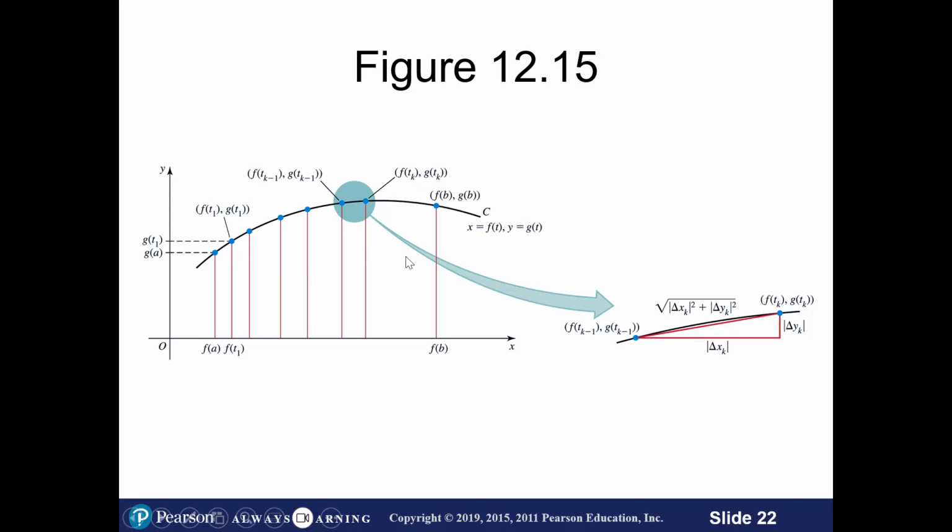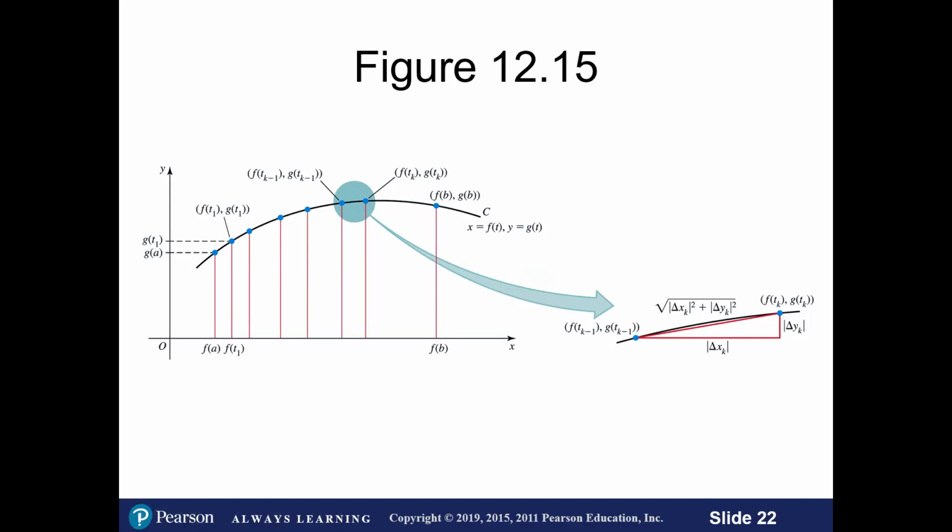I'm going to blow that up, and look at that little piece in more detail. Because it's nice and small, and I want to approximate that, I can approximate this arc length by this linear length here, by the secant line that connects f of t k minus 1, g of t k minus 1 to f of t k, g of t k.